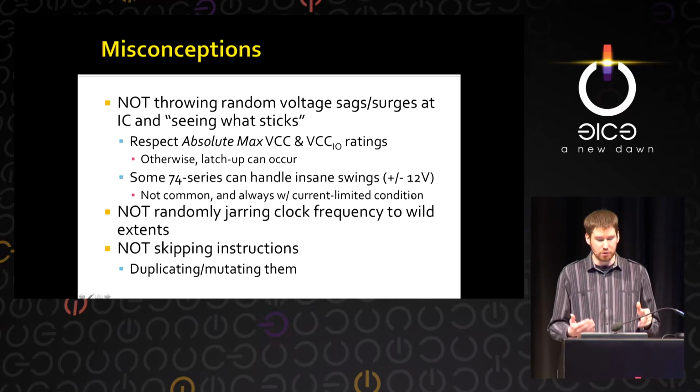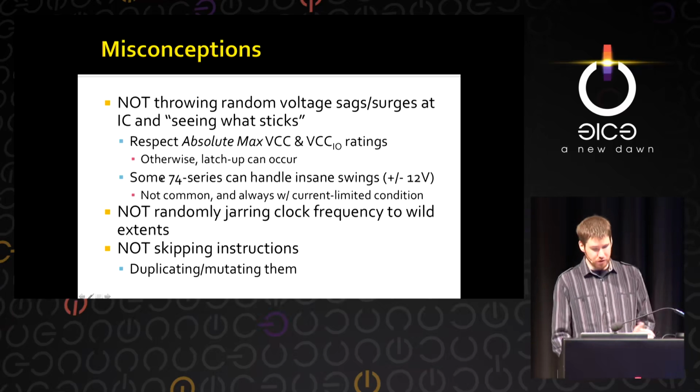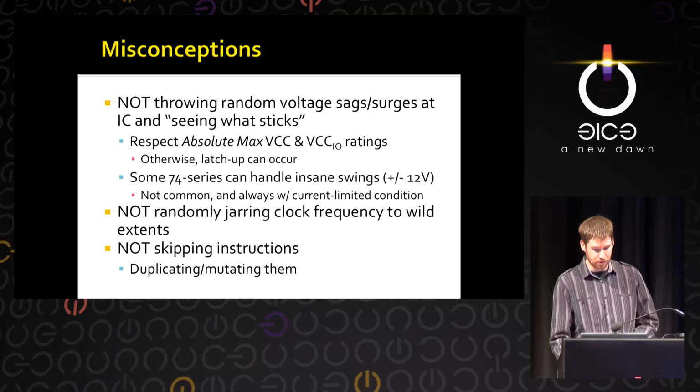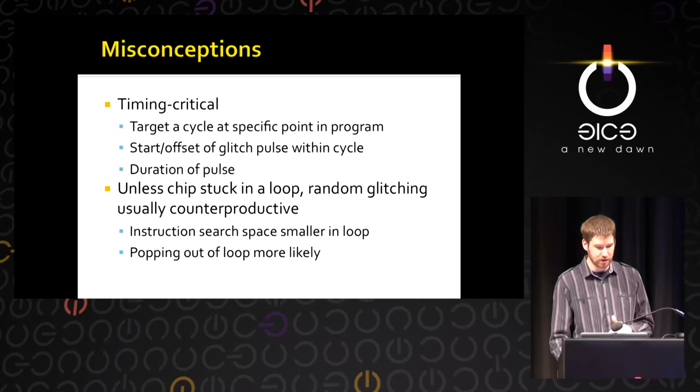So don't throw these crazy high or low voltages at a chip unless you got a bunch of them, basically. And you're not randomly jarring the clock frequency to a wild extent. You're specifically targeting that pulse at a certain point. And you're not technically skipping instructions. As I said, you're kind of duplicating or mutating them. Again, it's timing critical.